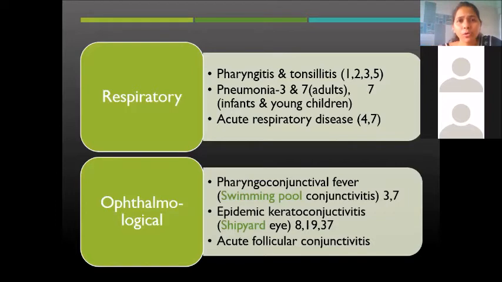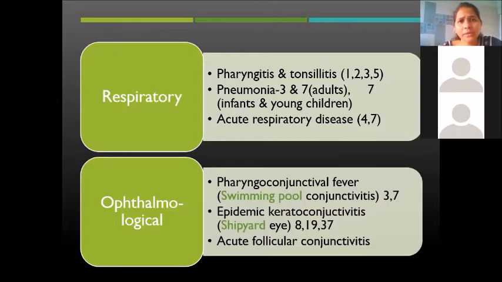When it comes to pneumonia, a little deeper infection, then 3 and 7 is common in adults, and 7 is common for infants and young children. So as you go from up to down, the types chronologically start moving away. So 1, 2, 3, 5 upper respiratory, 3, 7 lower respiratory.